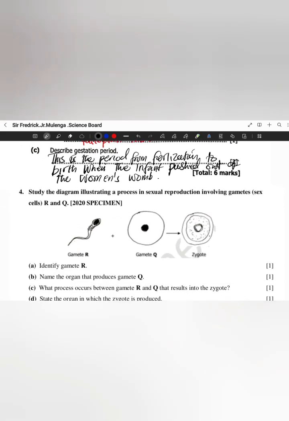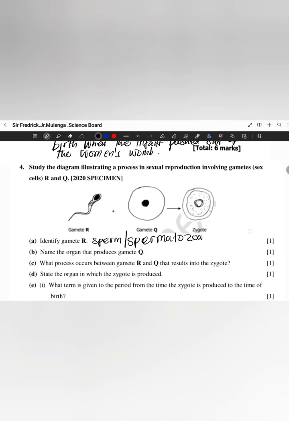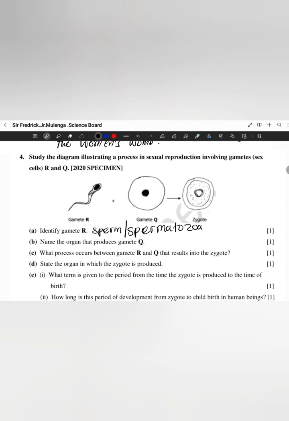Then we move on to the other way they can ask you. As usual, they will ask you to identify something. As you can see in the question, identify gamete R. What name are we going to give? You can just say sperm. You can also say spermatozoa. Simple as that. Then name the organ that produces gamete Q. What is this gamete Q we are seeing here?